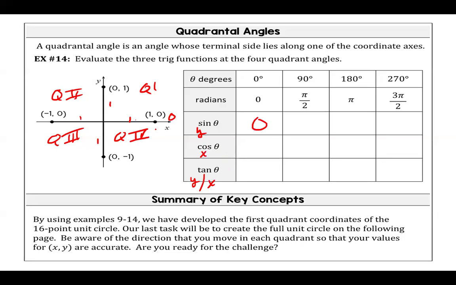The cosine of 0 means I'm looking at the what coordinate? The x. The tan of 0 is going to be your y divided by your x. You see how I set up the box so you can already look at it? 0 over 1. And that's going to be what? 0, because it's okay for it to be in the numerator. Got it?